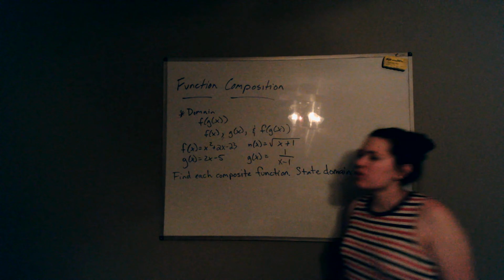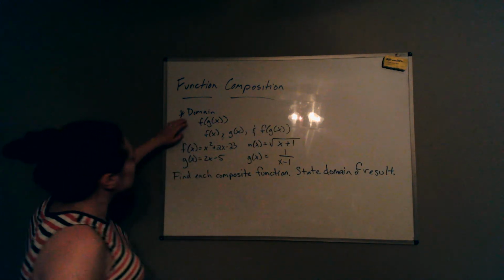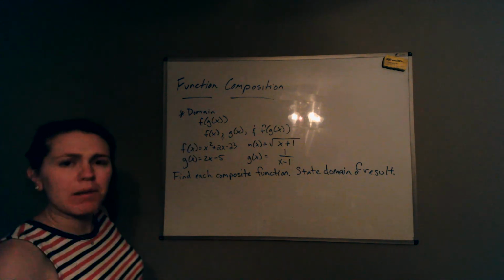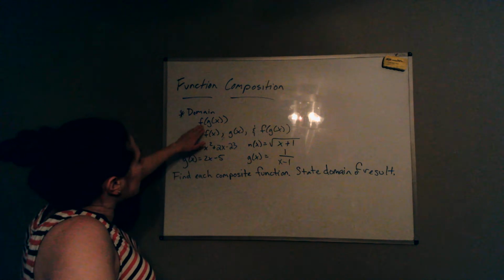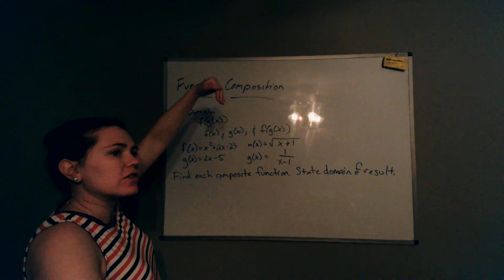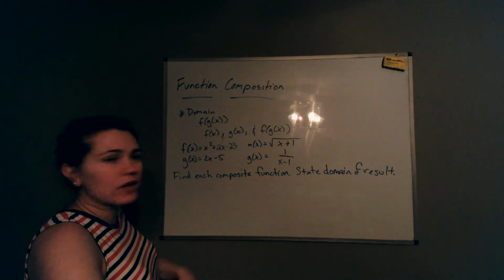Before we get started, the first thing that we need to discuss is domain. When you're checking the domain of a newly composed function, which is also called a composite function, when you're performing function composition, you need to check the inner function, which is g of x. That's where the x's actually funnel through first if you were to plug in x values.